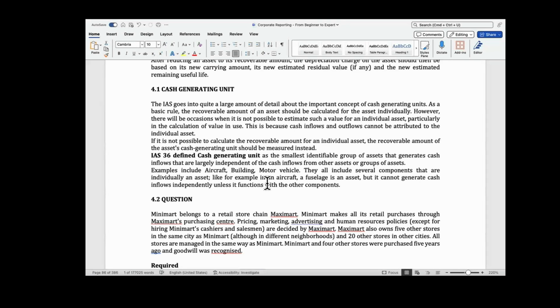So cash generating units only help us in determining value in use. Then from there, you'll be able to get fair value, then you do a comparison, and then you'll be able to get the impairment loss.